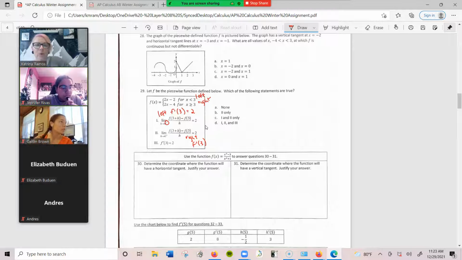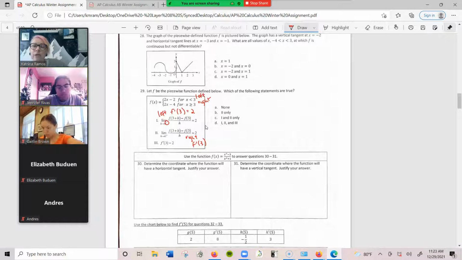Now statement 3 just has the general derivative, f prime of 3 is equal to 2. In order for a derivative to exist for a piecewise function, the left side and the right side, just like limits, have to equal the same number.